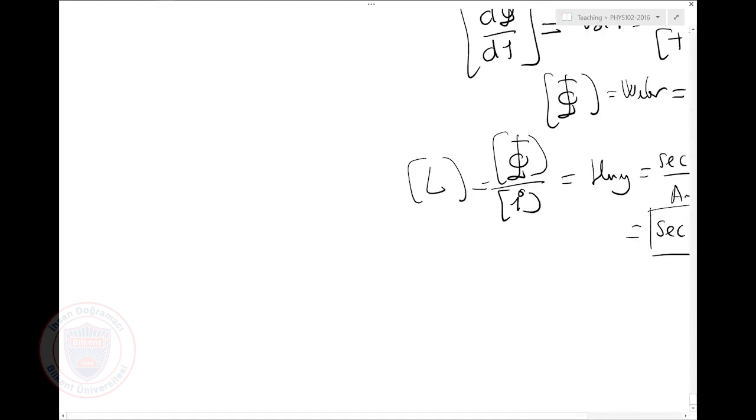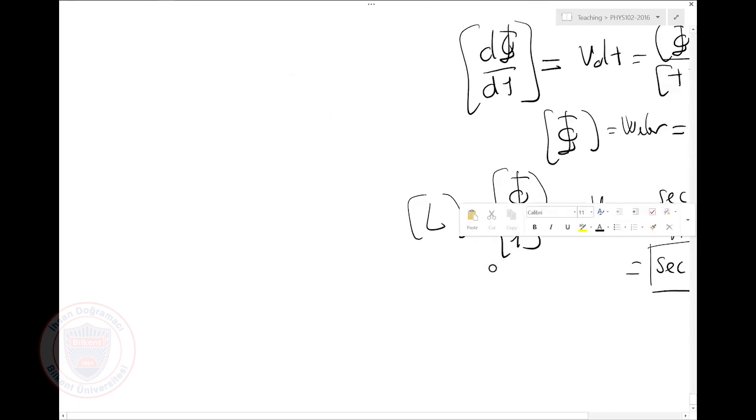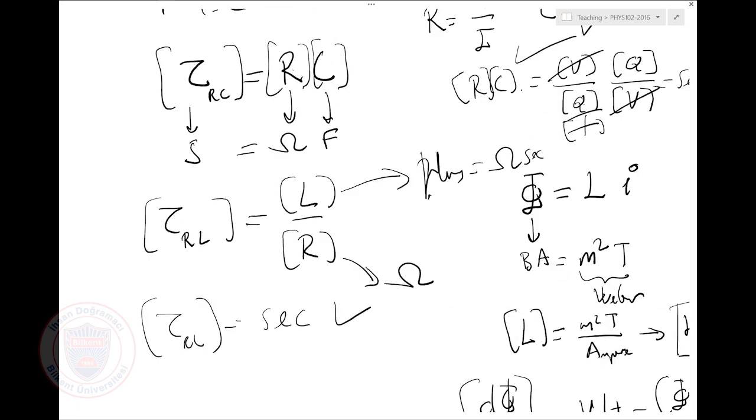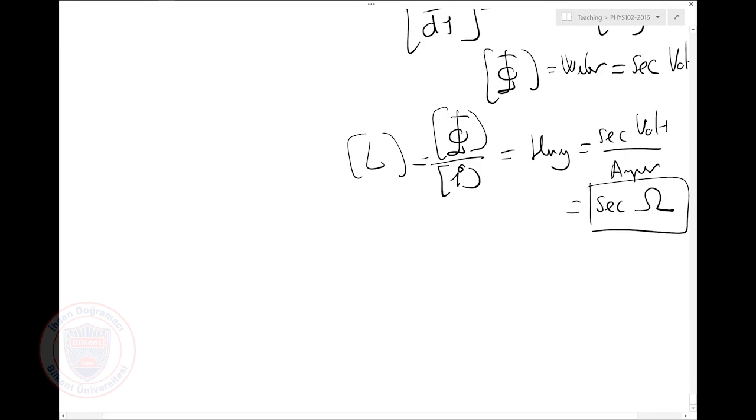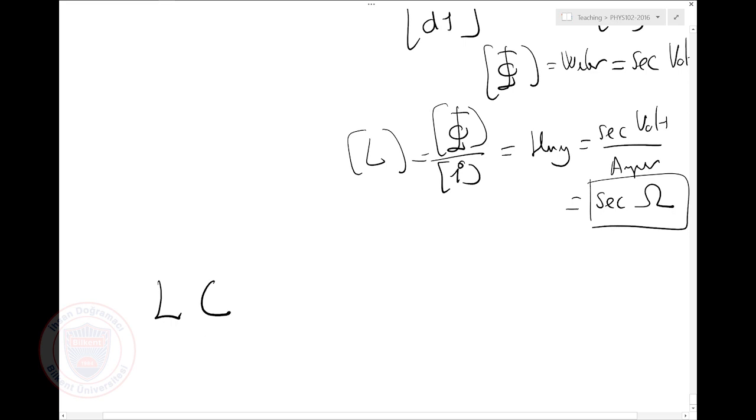Now, here's another thing though, again thinking about units. I said from here, apparently instead of farad, I can say seconds divided by ohm, and Henry is ohm times second. So what would be the unit of L times C?